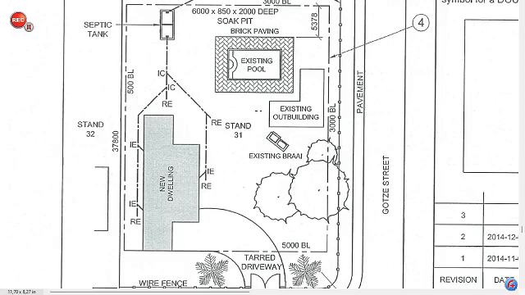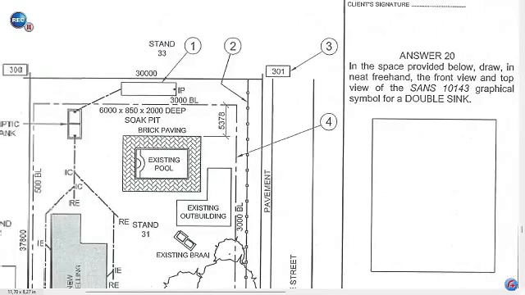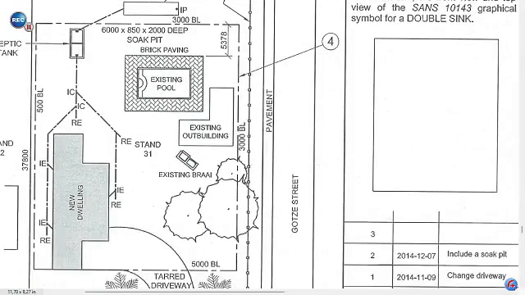If you go to the site plan, the new dwelling is the new proposed development on the site plan. Number 7, in what color would new glass be presented on the drawing? New glass would be presented in black. Number 8, in what color would new concrete be presented on a drawing? The color of new concrete would be green.